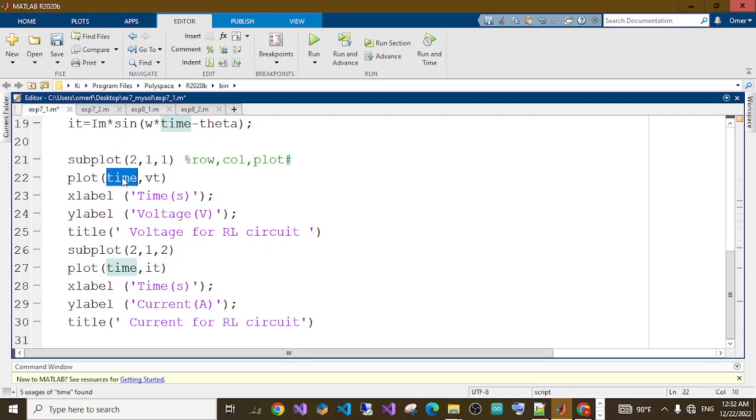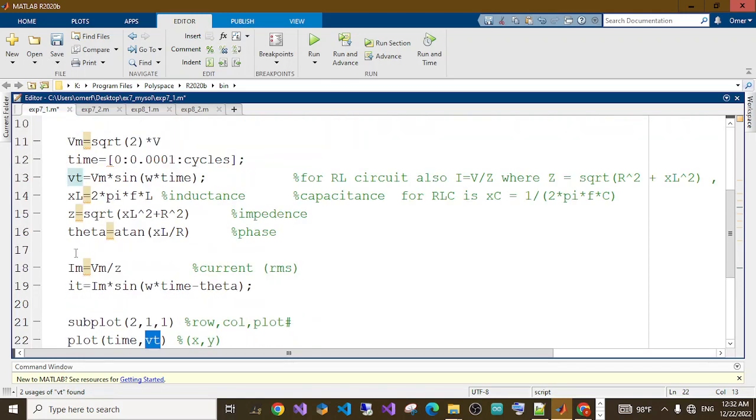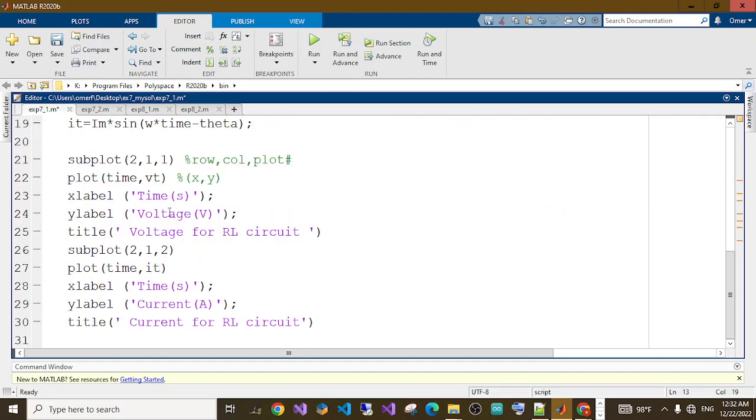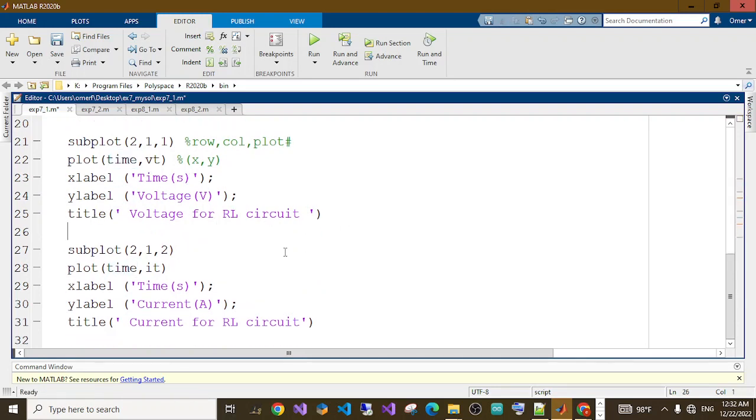For the first plot we need the values against time on the x-axis. The first argument will be on the x-axis, and the second one on the y-axis. So values for Vt will go along the y-axis, while the values of time will go along the x-axis. Vt is coming from this formula. Same thing for the second subplot, which will be on the second row, first column, and plot number 2.